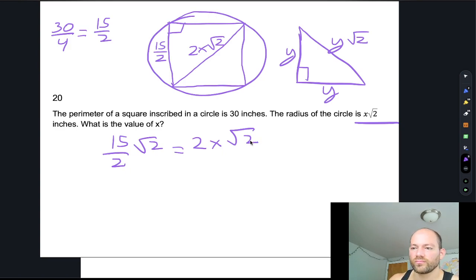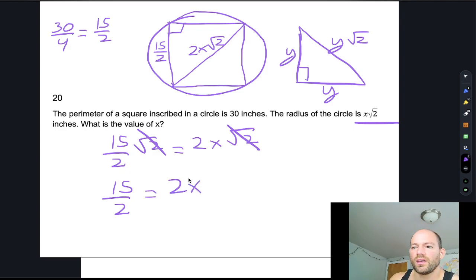Okay. Kind of weird, but it's okay. All the fractions and radicals are kind of weirding me out, but the radicals are about to go away, right? Root 2 and root 2 are on both sides. They can go away. So now we have 15 over 2 equals 2x.